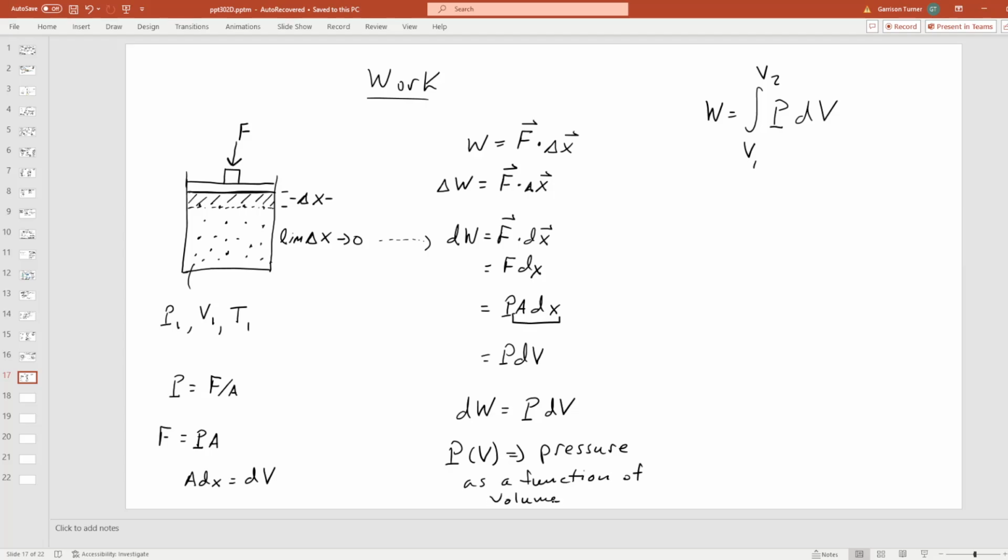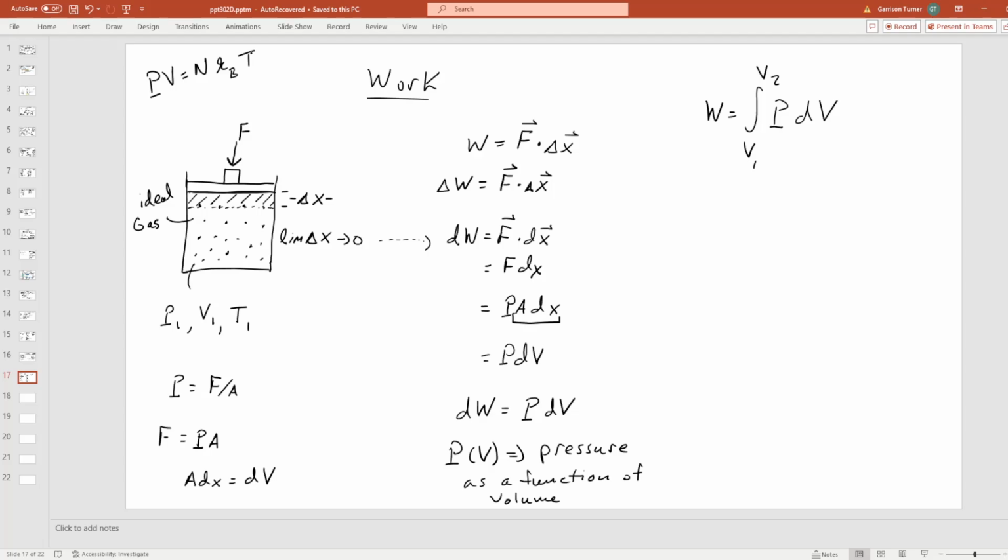And there's one readily available example that is easily calculable that lets us do this, and that is the ideal gas law. So if we assume that the gas inside this container is an ideal gas, then we know that PV equals N k_B T. This is the form of the ideal gas law that I prefer, but it doesn't really matter.